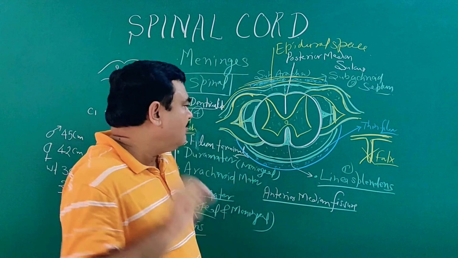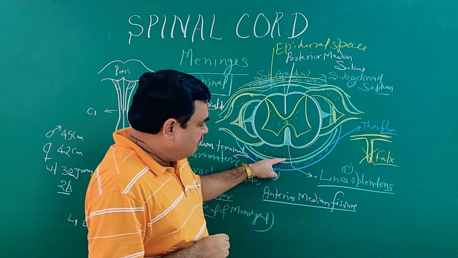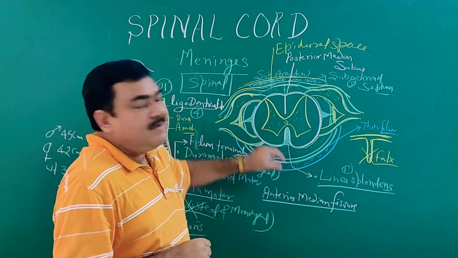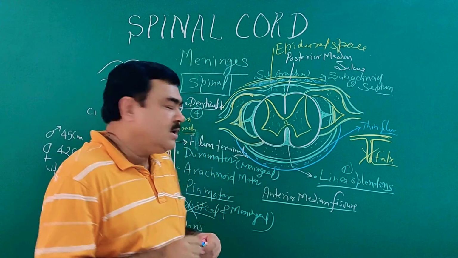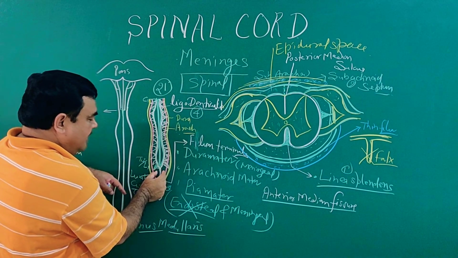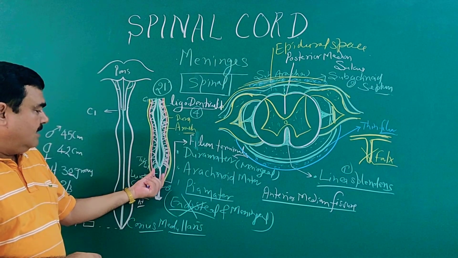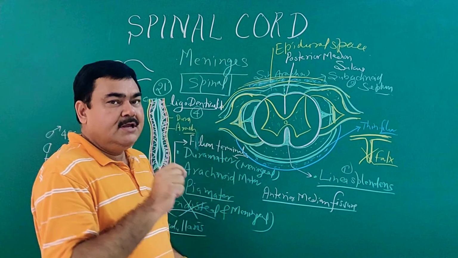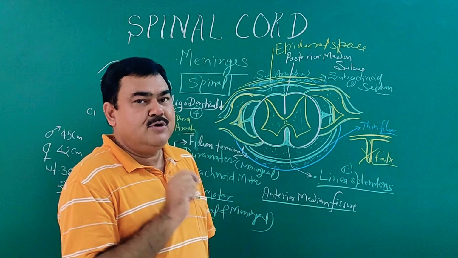Below the arachnoid is the subarachnoid space, which contains cerebrospinal fluid, and this space is largest below the conus medullaris. This is the site where lumbar puncture is done for taking out the cerebrospinal fluid.